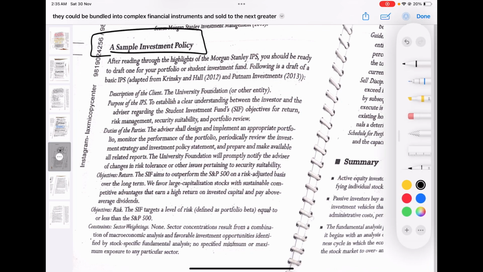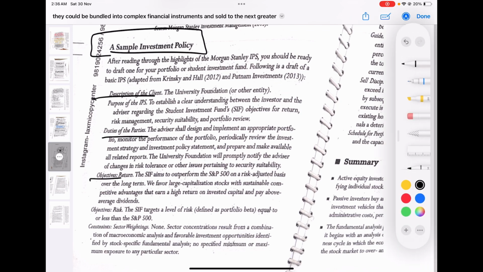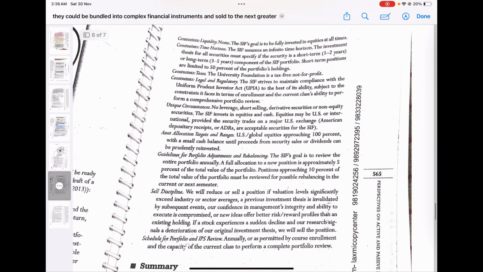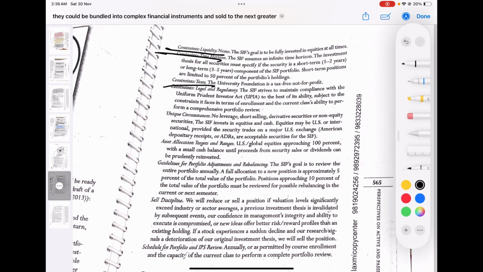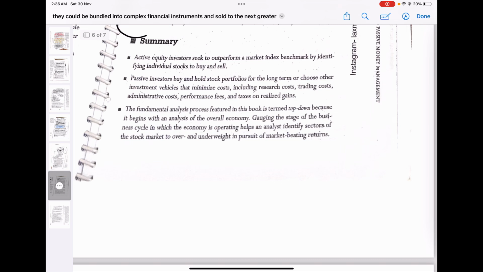You can see how Morgan Stanley gave the objectives, duties of the parties, who the client is, how much you can risk and how much you can expect, what liquidity is, what the time zone is, what taxes you have to pay, what the guidelines are, and when you will sell it, and so on.